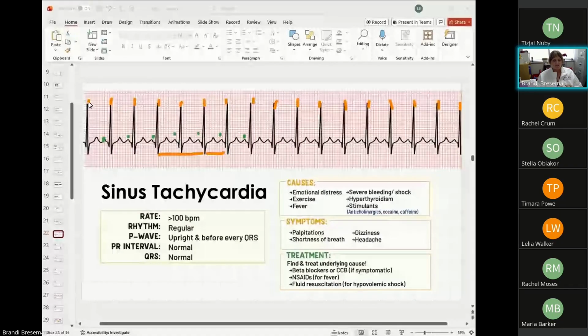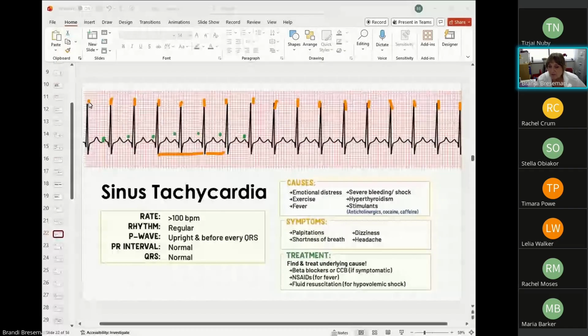Shortness of breath, dizziness, headache. They may feel palpitations, like their heart's racing, those type of things. Okay. Treatment, we really want to find the underlying cause and treat that, because otherwise we're just putting a Band-Aid on, and that Band-Aid's not going to get us far. Okay.